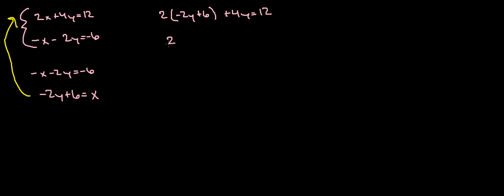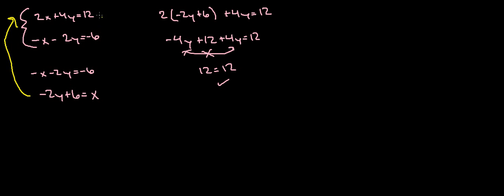Distribute. And again, these y's are going to cancel each other out. And I'm left with 12 is equal to 12, which is a true statement. So if I get a true statement, that means the lines are the same line. They're consistent, and it's a dependent system.